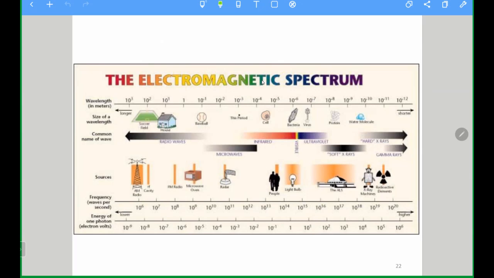Simply speaking, when we talk about high energy particles or high energy EM waves, electromagnetic waves, 电磁波, we need to care about the wavelength and the frequency.